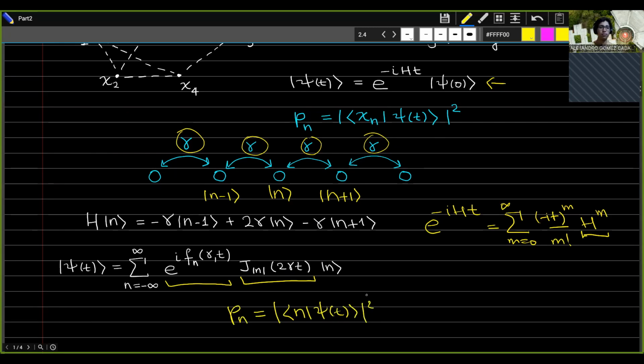So the phases vanish when we take the absolute value, and we only need to compute this. So that's all we need to find the probability distribution of the system after some time t.